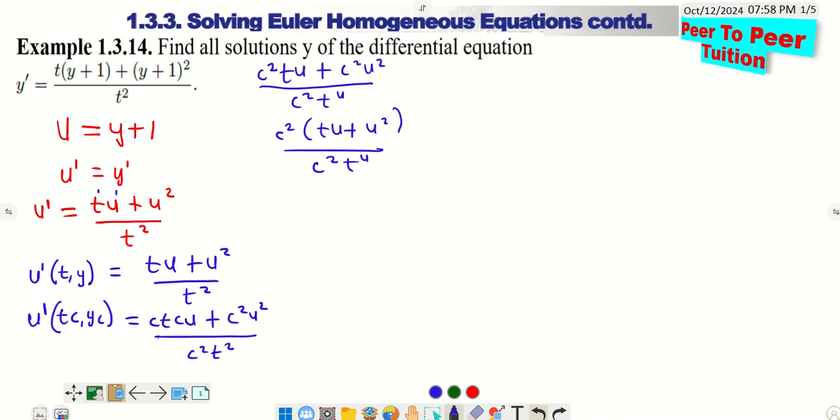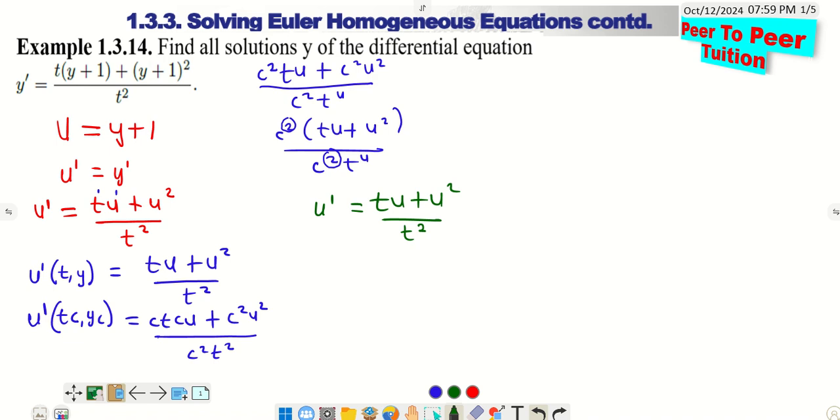So now that you have been able to ascertain that this is an Euler homogeneous equation with degree 2 because the exponent of the constant is 2, the next thing is that we take this, u prime equal to tu plus u squared, all divided by t squared.